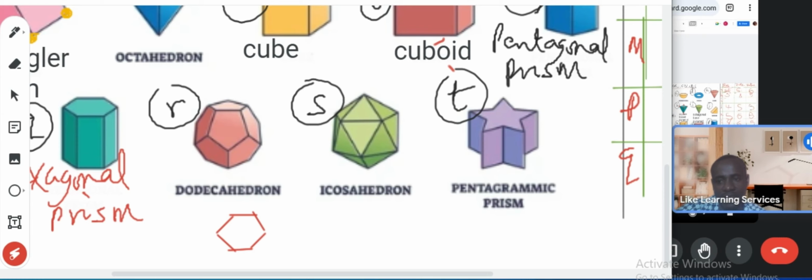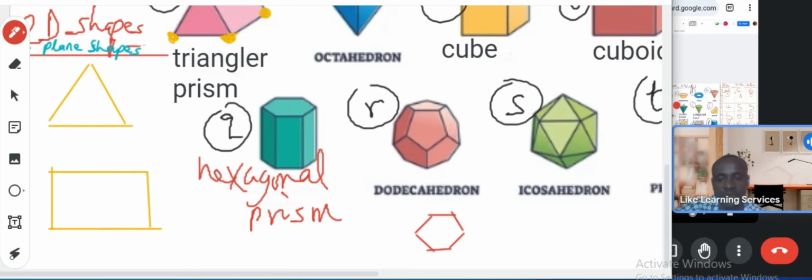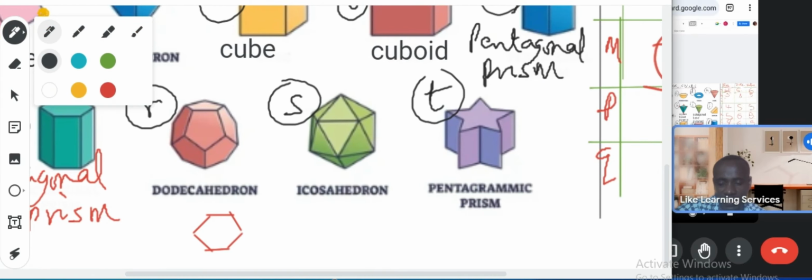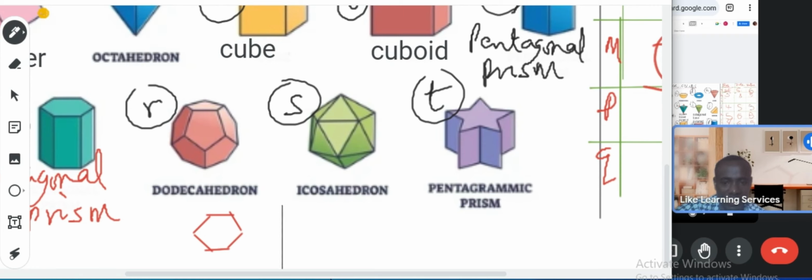All right, so that's that. Before we move away from this, I just want to say a few things about the 2D shapes. You know some of them already. Let me just mention them before we continue. 2D shapes and the different types.